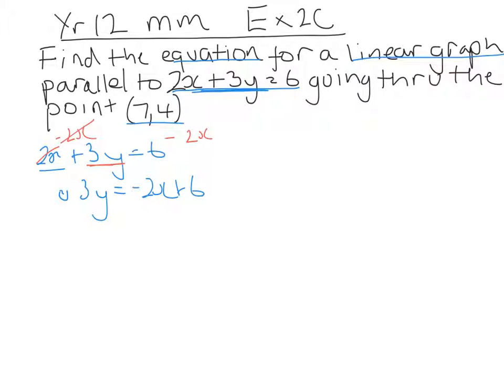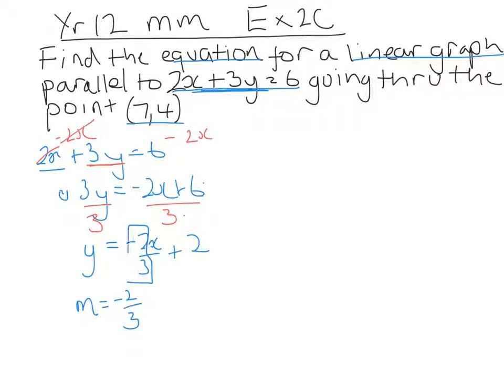Now if I divide both sides by 3, I'll get y on its own, because the 3's will cancel out, and I'll get minus 2/3 of x, and 6 divided by 3 is 2. So the gradient of my line is minus 2/3, the number in front of the x there.